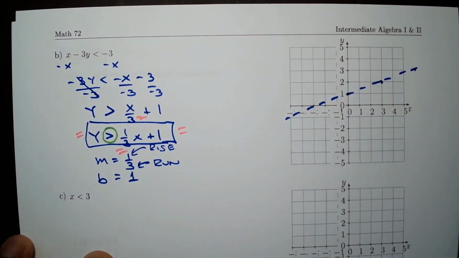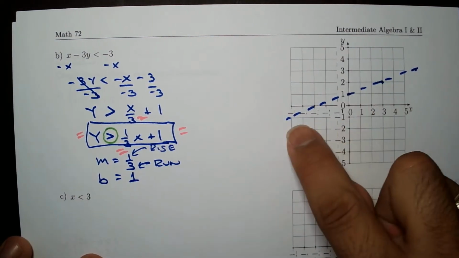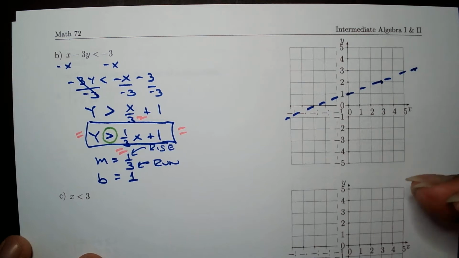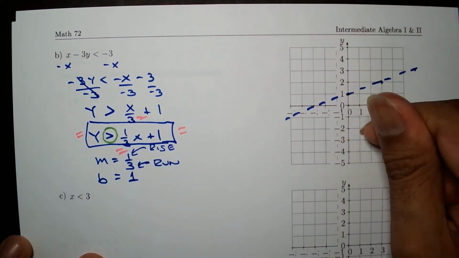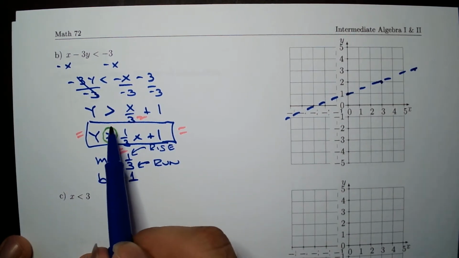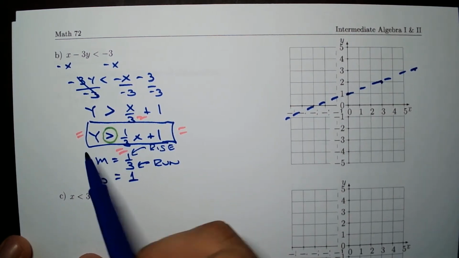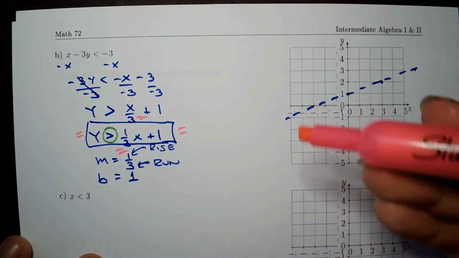From here, we are going to decide what part of the plane to shade. This dashed line is going to divide the Cartesian plane into regions, the above region and the below region. Because the inequality symbol is greater than, greater is above and less than is below. So we're going to go above.